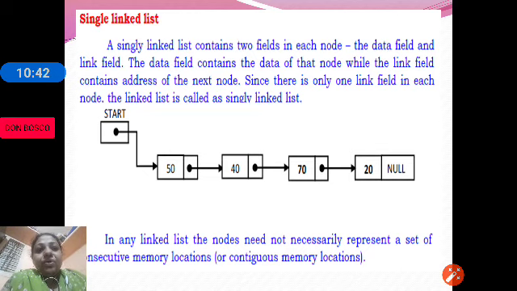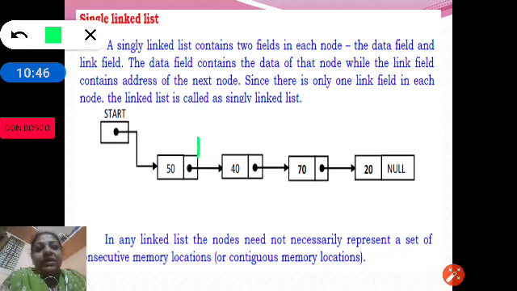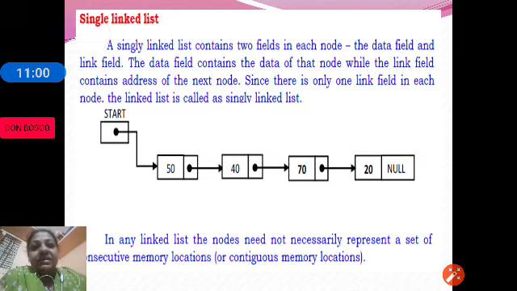As you can observe here, there is only one link from 50 to 40 node, and again from 40 to 70, and from 70 to 20. There is only a single link, so it is called single linked list or singly linked list.